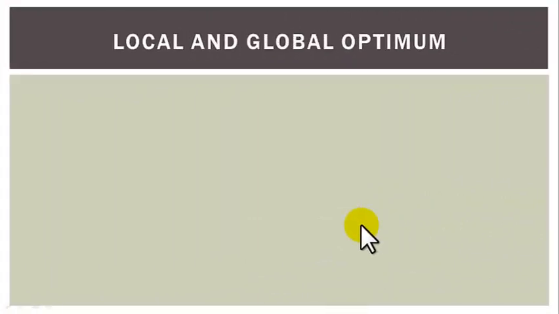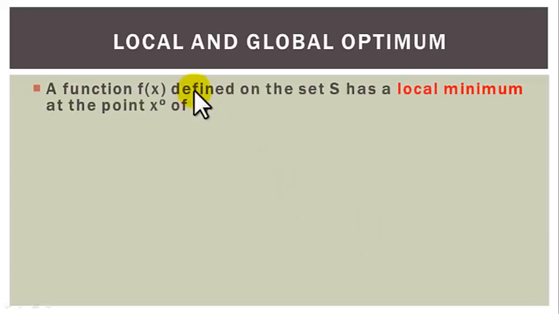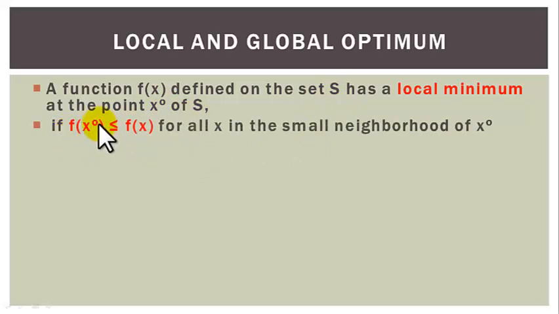Local and global optimum. A function f of x defined on the set S has a local minimum at the point x0 of S if f of x0 is less than or equal to f of x for all x in the small neighborhood of x0.